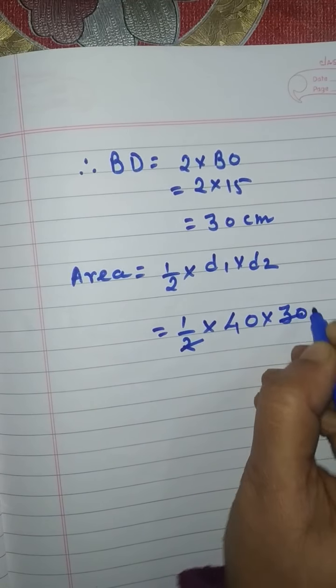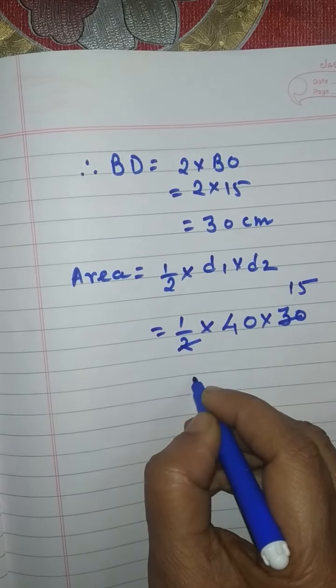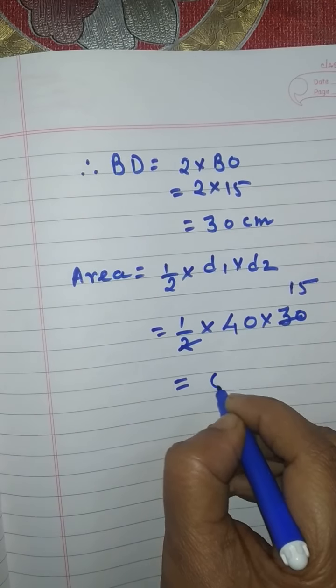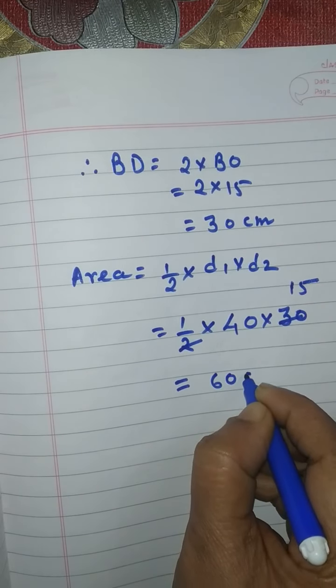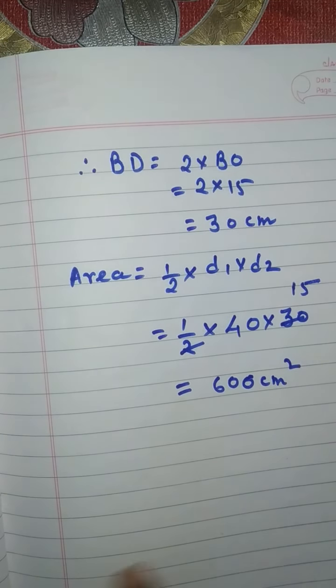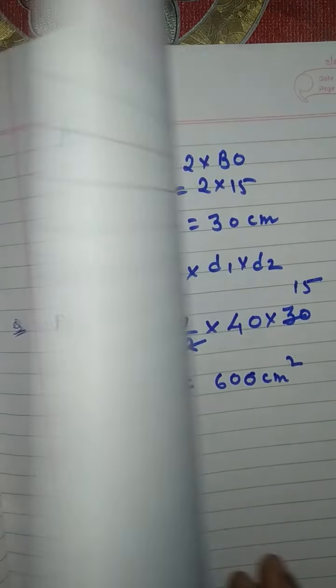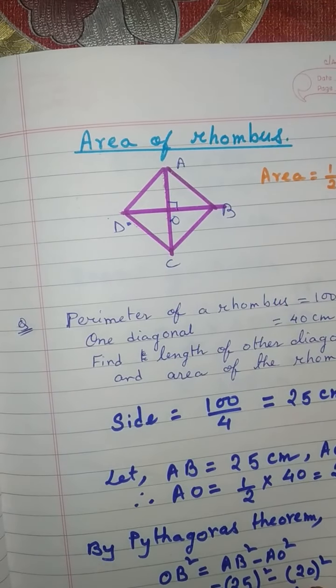So half into 40 into 30 gives 600 centimeter square as its area. So in this way we can use area of rhombus and area of trapezium.